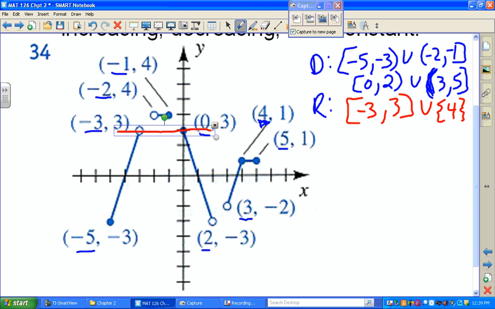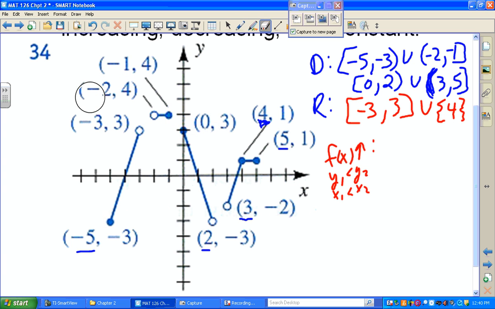But, all right, increasing. Again, we use x values to determine where it's increasing. That means that y1 is less than y2 if x1 is less than x2. I said you're going to have to use that on a proof. Let's see. Oh, here's where it's increasing. Let's use all the reds. Increasing, I don't use it for the endpoints or at the height.